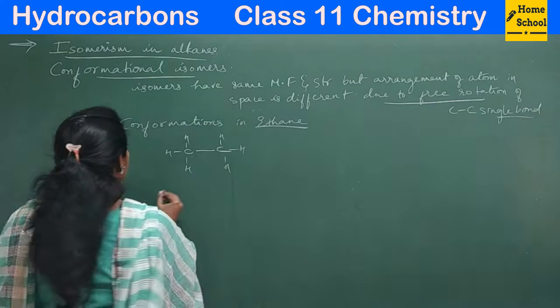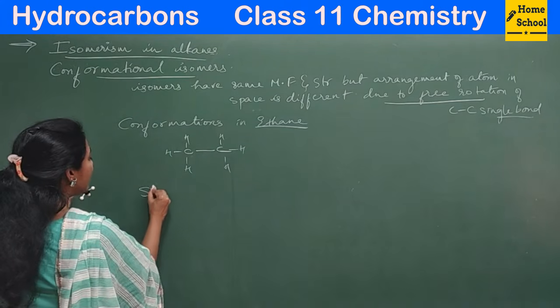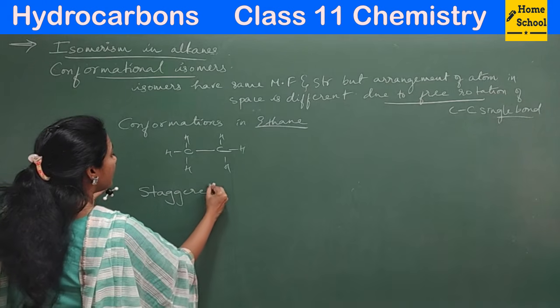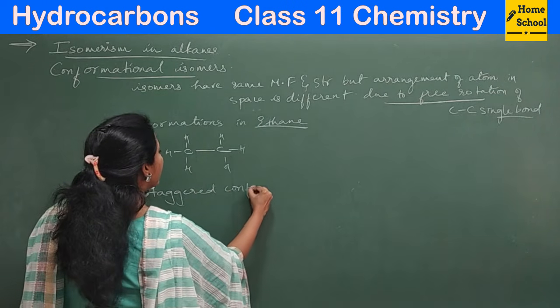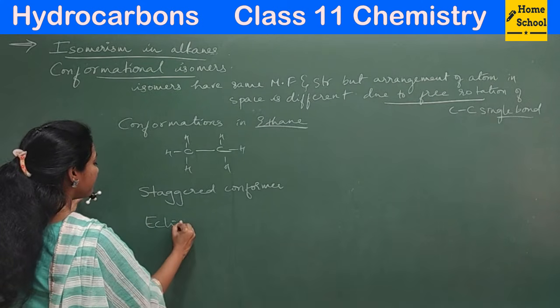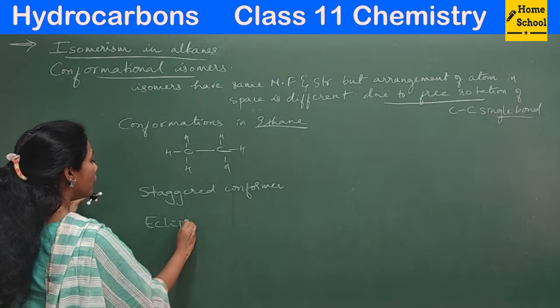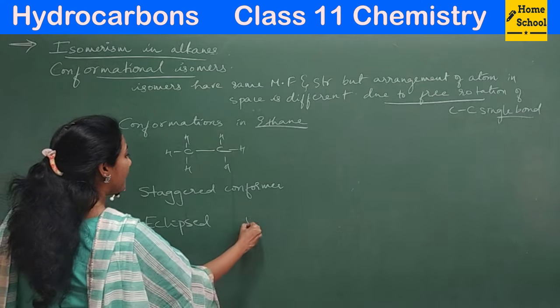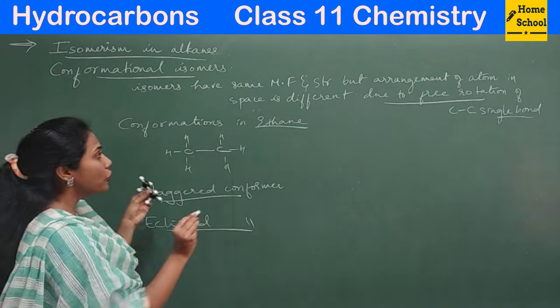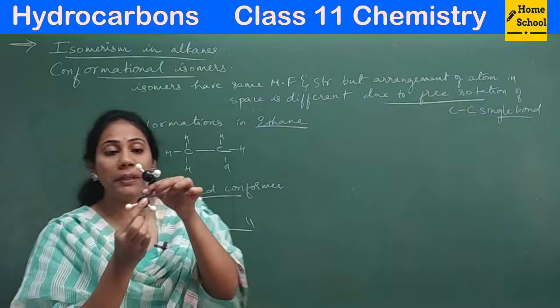They are nothing but staggered conformer and eclipsed conformer. Okay, so what do you mean by staggered and eclipsed conformer? That is what we are going to study. Okay, so you understood now what do you mean by conformers?